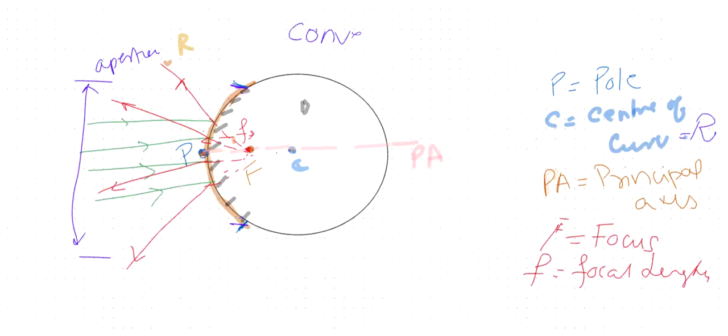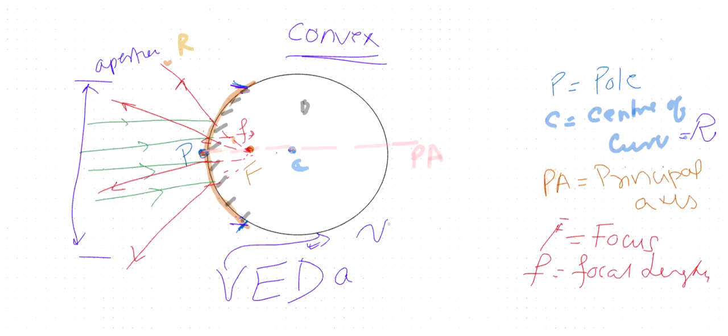Now, there's one point you need to remember for convex mirrors: the images formed are always virtual, erect, and diminished.